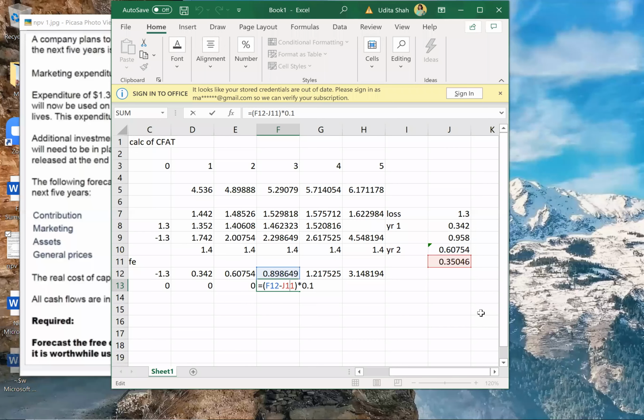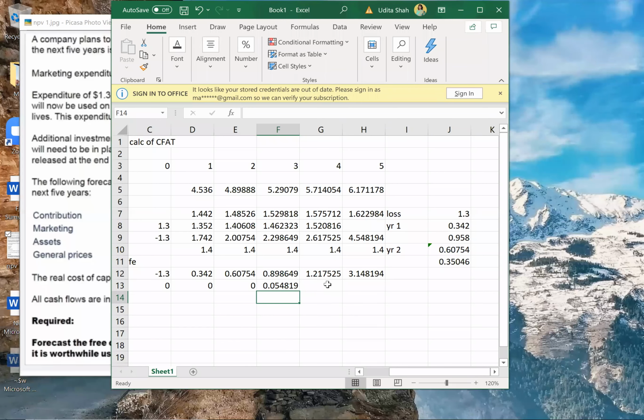That loss I'm going to set off against the third year profit. So third year profit 0.89 minus loss 0.35 will be your taxable profit, into 10%. Don't do 30%. In this problem, it is 10%. That is my tax.